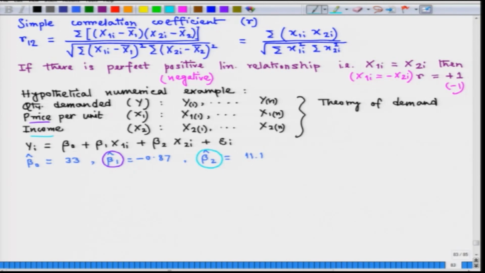So, if you remember our discussion on the theory of demand, an income increase actually relaxes the budget constraint of a consumer, and the consumer tends to purchase more to find the equilibrium, right. So, there is a positive income effect on the quantity demanded and purchase, right. So, that is what we exactly see here as well. Okay. So, we will continue with this discussion in the next lecture.